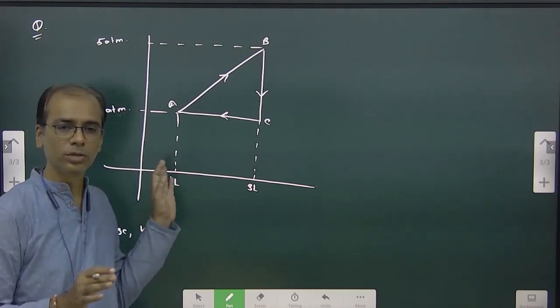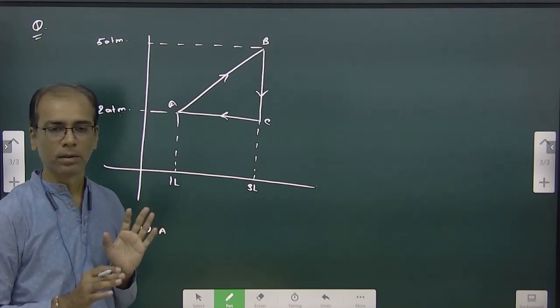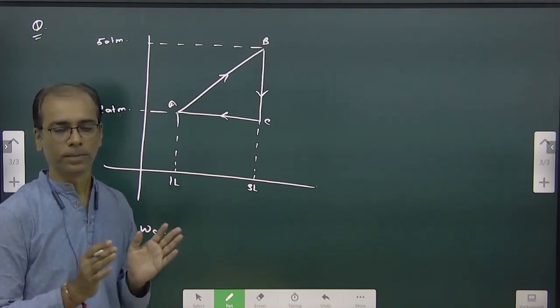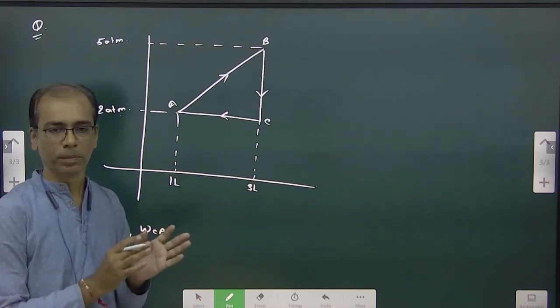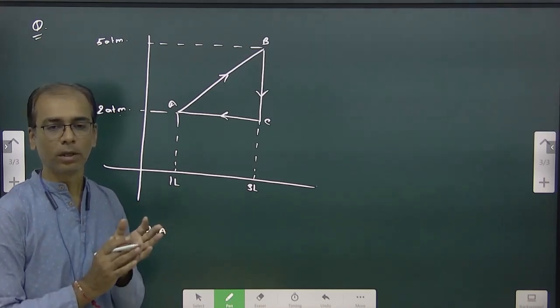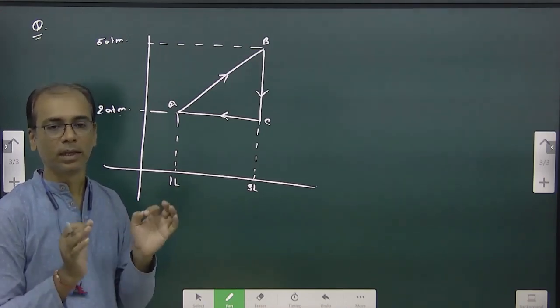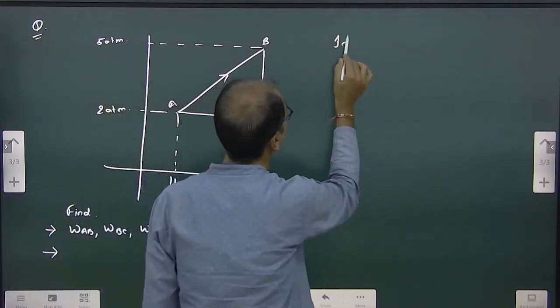At A you can use it, at B you can use it, at C you can use it. It's a state function. It gives you a relation between pressure, volume, temperature and number of moles, at any state. And what is the ideal gas equation? We all know that.